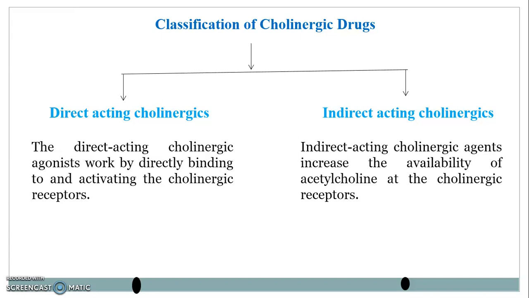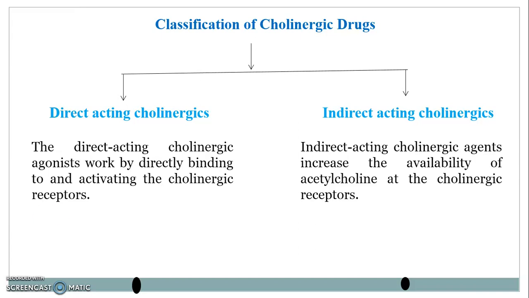These indirectly acting cholinergics form a complex with the acetylcholinesterase enzyme, and therefore the enzyme is not available for degradation of acetylcholine. That's why there is an increase in availability of acetylcholine, which then binds to the cholinergic receptor and produces the action. So these are indirect acting cholinergics.